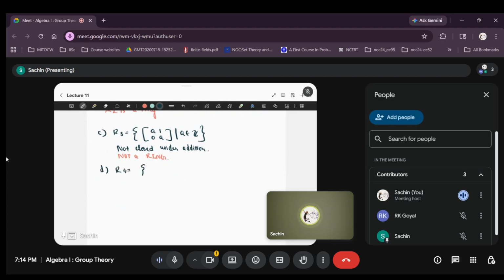D is also similar. Same reason again. This is also not closed. Same reason holds here.